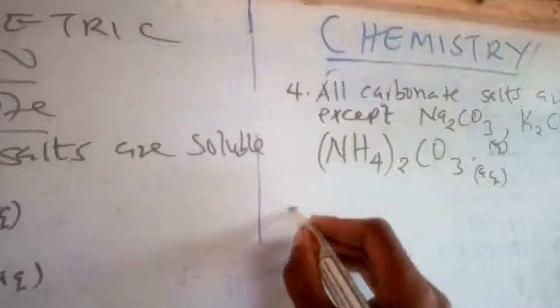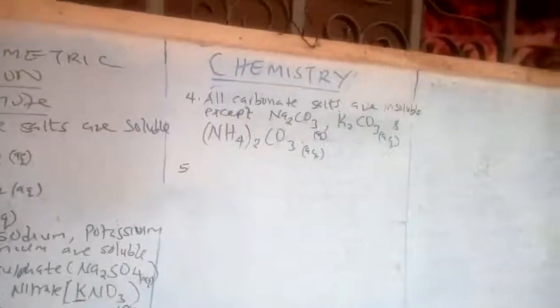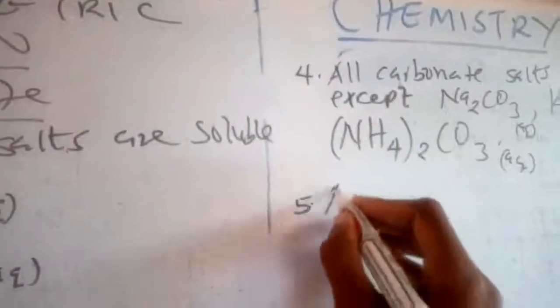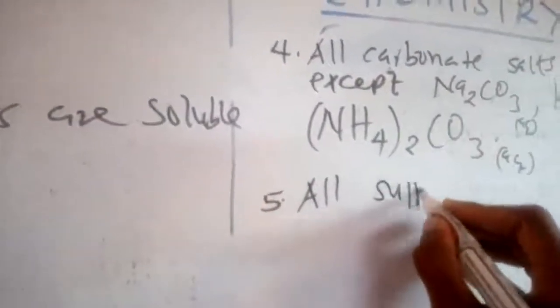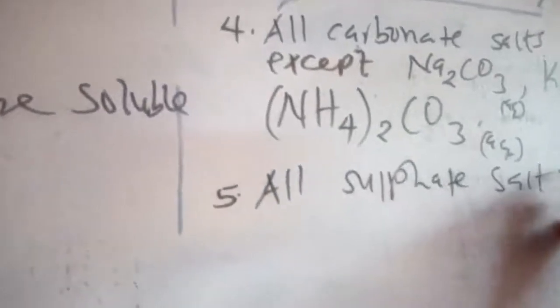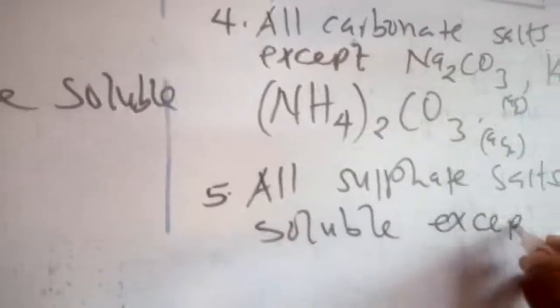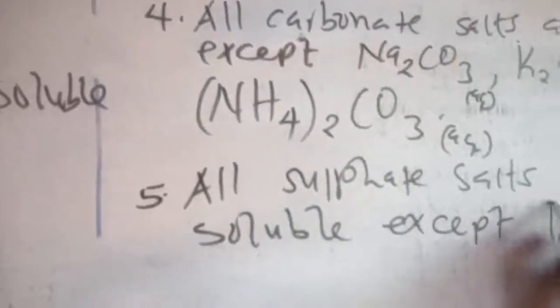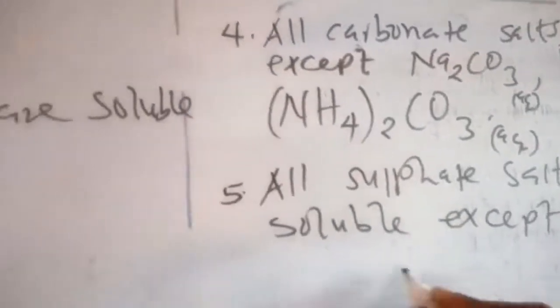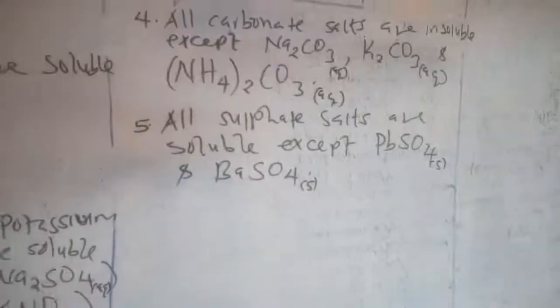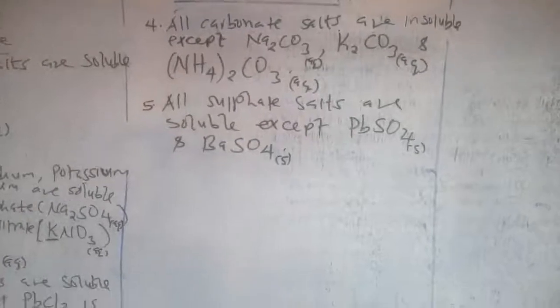And point number five, which is very, very important: all sulfate salts are soluble, except lead(II) sulfate and barium sulfate. Whenever you come across these, you're supposed to represent them with the letter S, meaning they are insoluble.